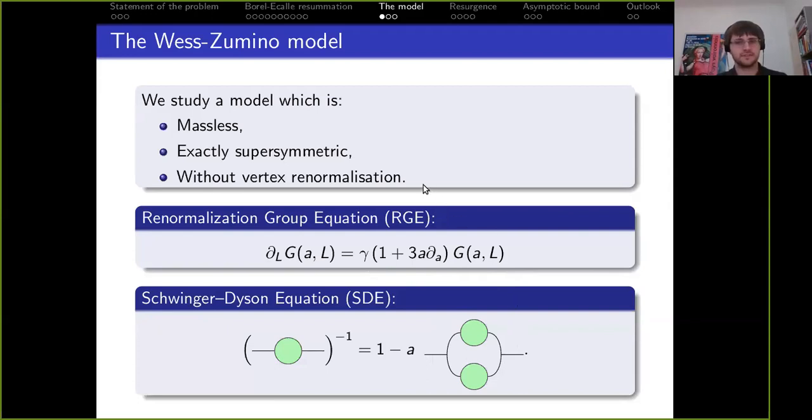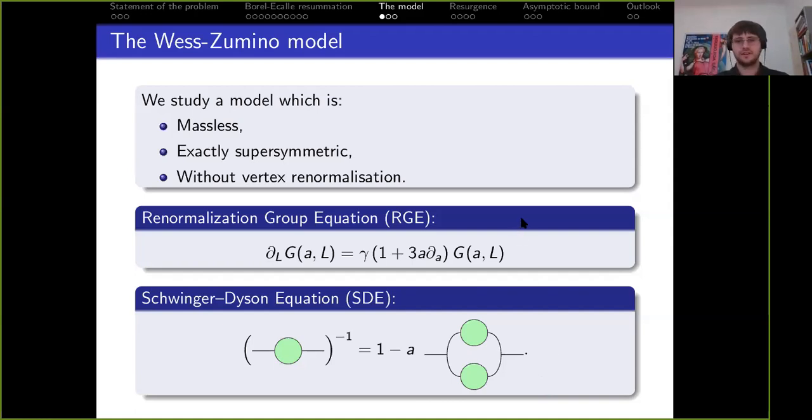The fact that there is no vertex renormalization makes the Schwinger-Dyson equation of the 2-point functions not depend on higher point functions. So you don't have an infinite tower of equations like you usually have with Schwinger-Dyson equations. And that gives you a very natural truncation of the Schwinger-Dyson equations.